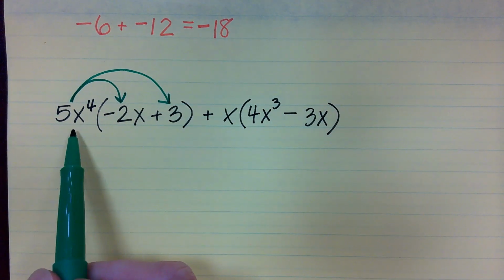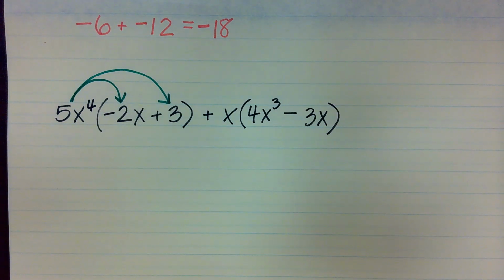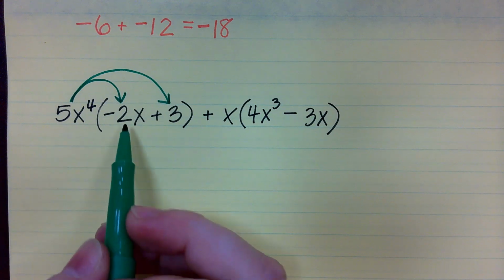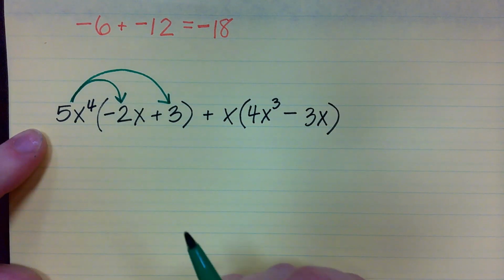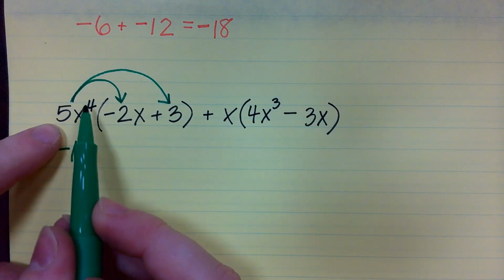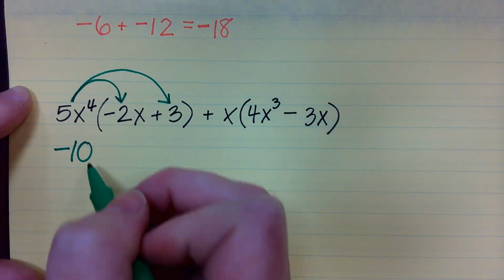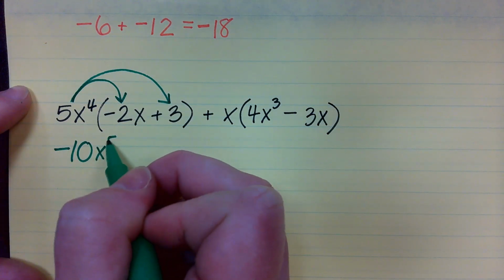So what is 5x to the fourth power times negative 2x? We'll start with the numbers. I heard somebody say 5 times negative 2 is negative 10. That's correct. Now what's x to the fourth times x? X to the 5th. Good.